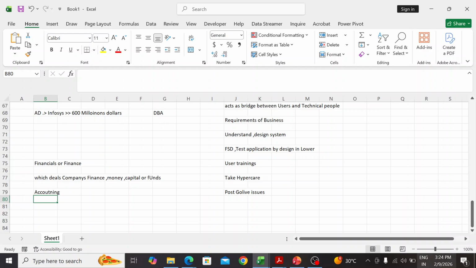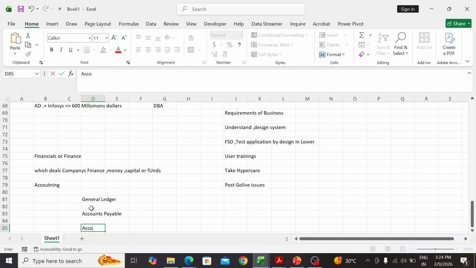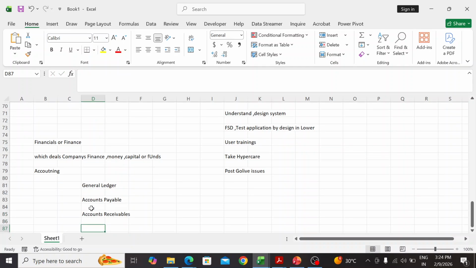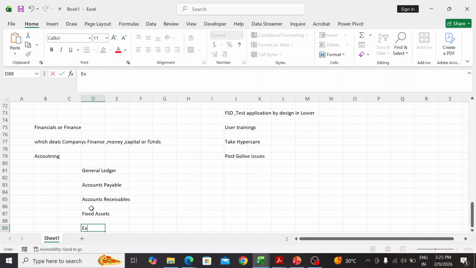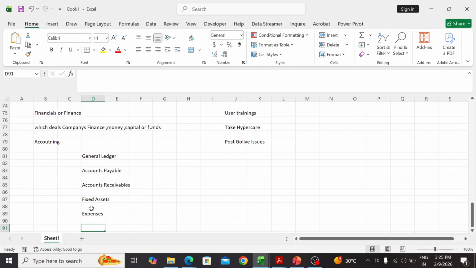So in general, a finance application has major modules like general ledger, accounts payable, accounts receivable, fixed assets, expenses, and cash management.